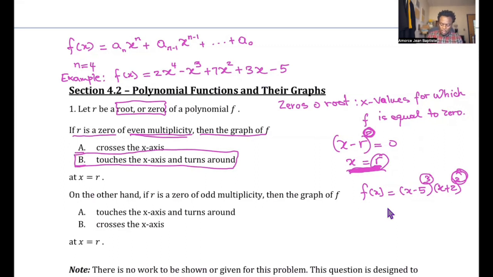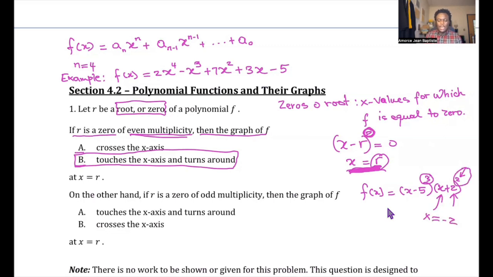So if x equals 5, for example, let's look at the other one instead. If x equals -2, because x equals -2 would make this part equal 0, with this exponent 2 for the factor x plus 2, that would give you a zero at x equals -2.